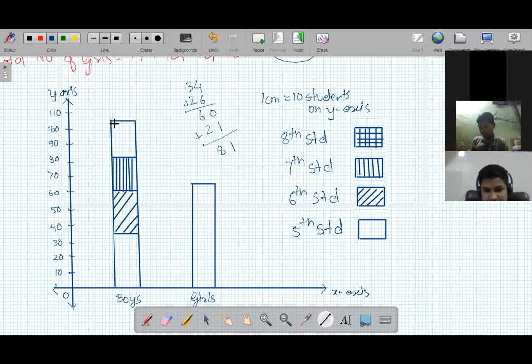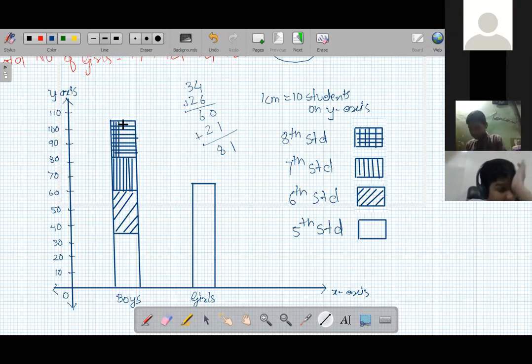So we'll directly do patterns for it. So this is the 8th standard. We have done the subdivided bar graph for boys.